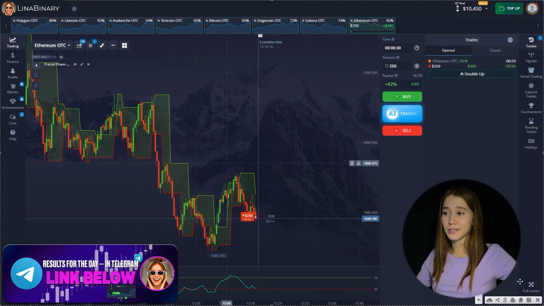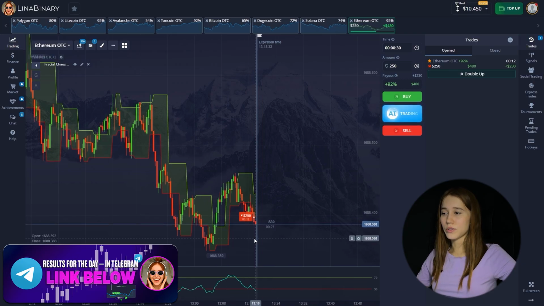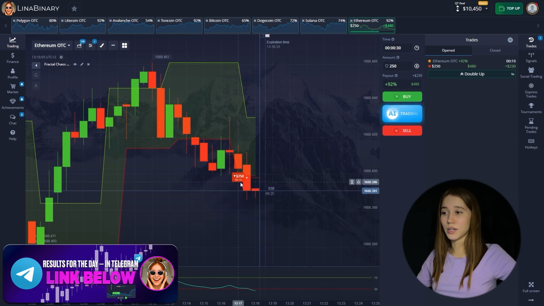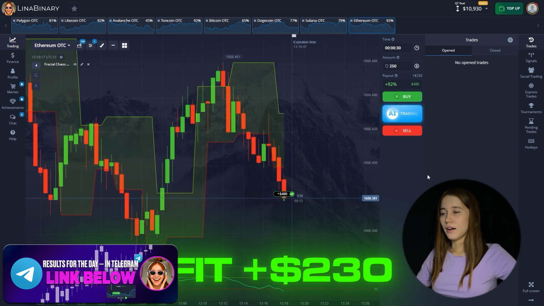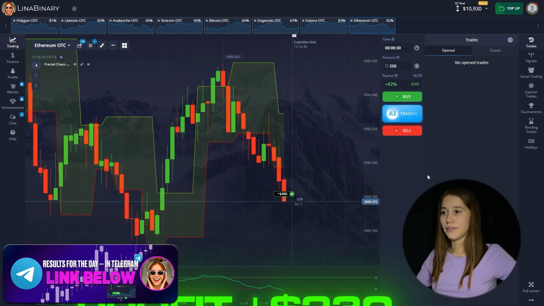It's probably the second or third most popular cryptocurrency at the moment. We open a deal down. By fractal we see a downward trend. So the shadows are mainly on top, which indicates that the chart will continue to fall. So yeah, we see the situation. Let's see. Good. Plus deal, it's very good.